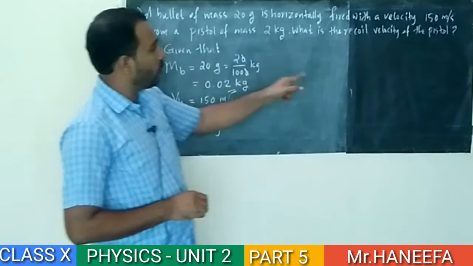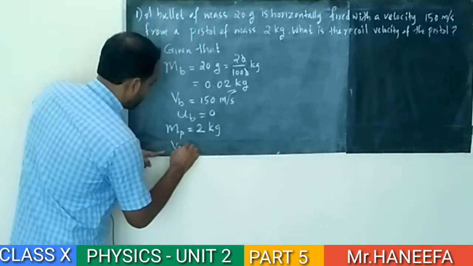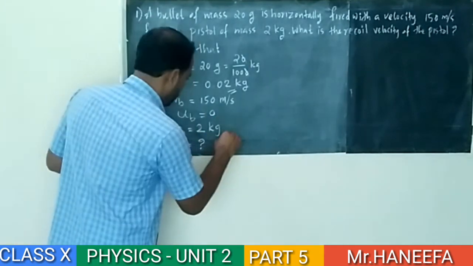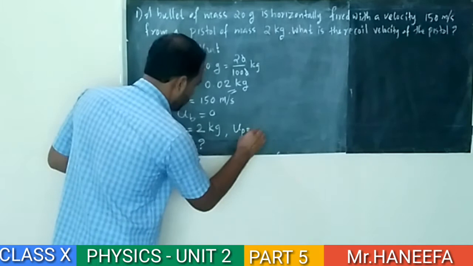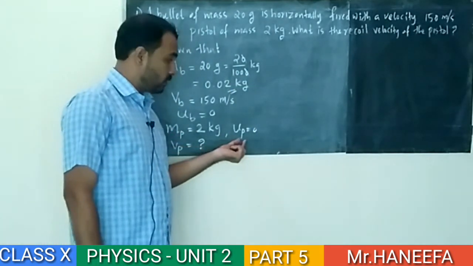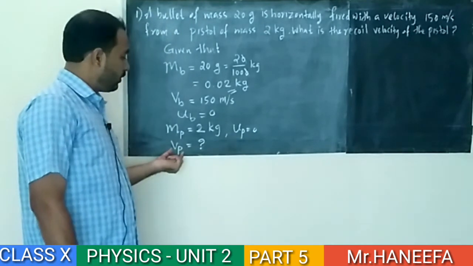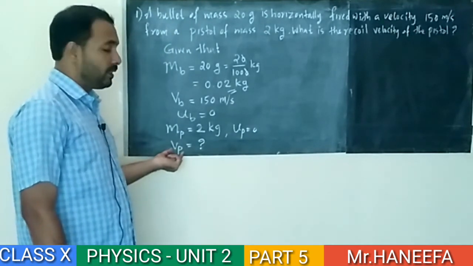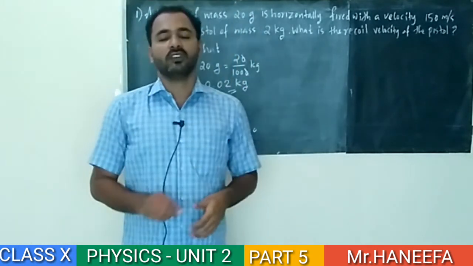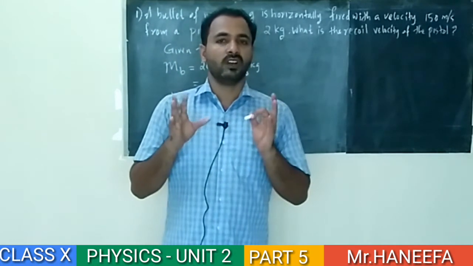What is the recoil velocity of the pistol? We have to find vp. So up equals 0. Before firing, the initial velocity of the pistol equals 0. We have to find vp, that means after firing, the velocity of the pistol. This vp is the recoil velocity of the pistol.